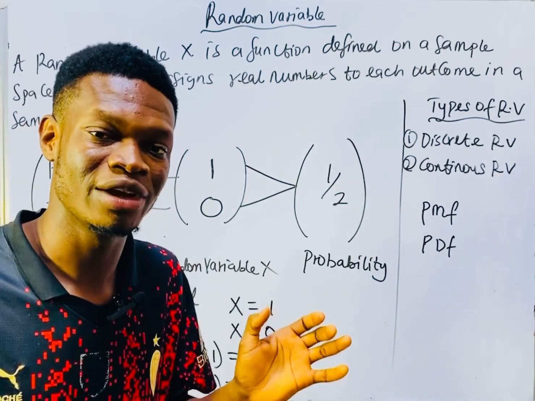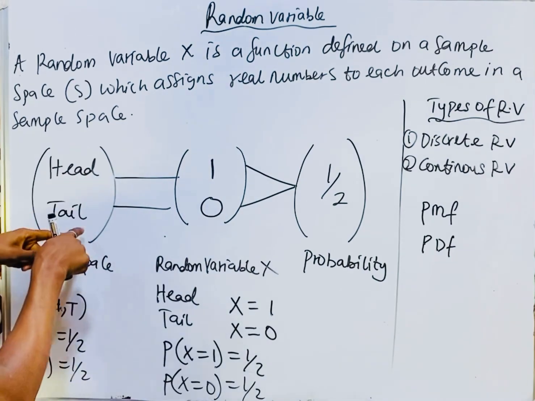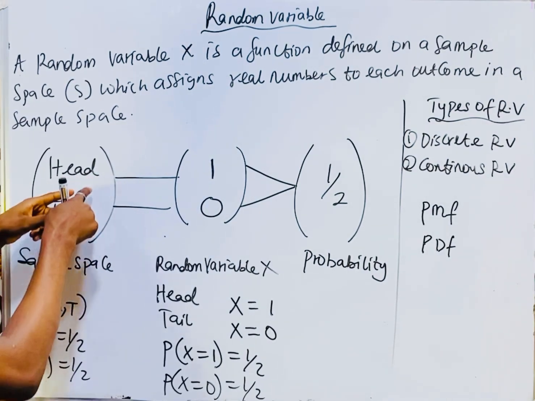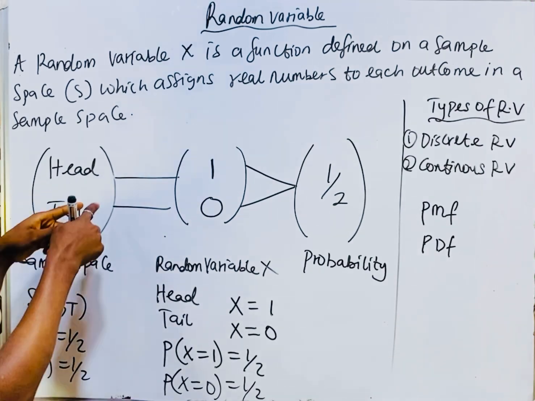Very simple. A variable that assigns a real number to the outcome. We have two possible outcomes. These are the outcomes of this sample space. So a random variable assigns a real number to the outcome of this sample space.